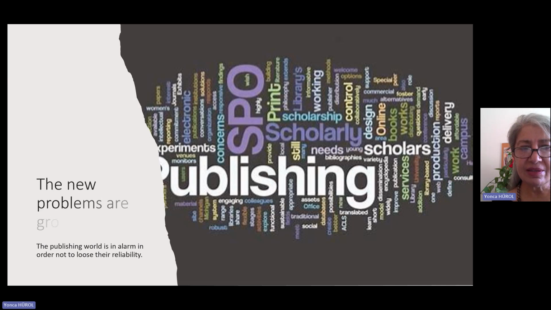Now we can start talking about some new problems which are growing, and I think everybody is aware of them. There are interesting things going on about research integrity nowadays. And of course, the publishing world is in a kind of alarm about these issues because they don't want to lose their reliability.